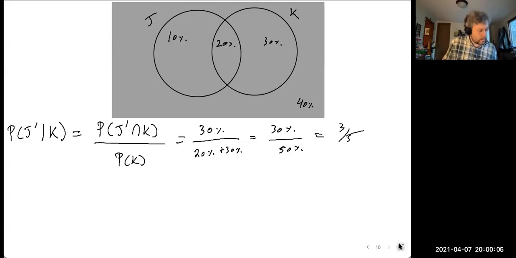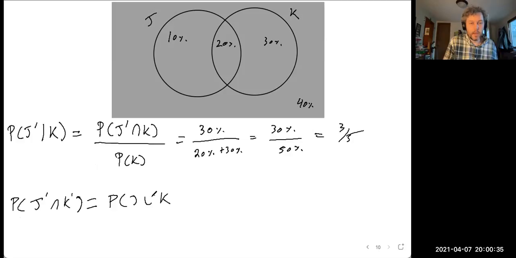We don't need the Venn diagram anymore. I guess you could reprove De Morgan's law through conditional probability. We don't necessarily have to, but the probability of J complement intersect K complement would be the same thing as the probability of J union K complement.